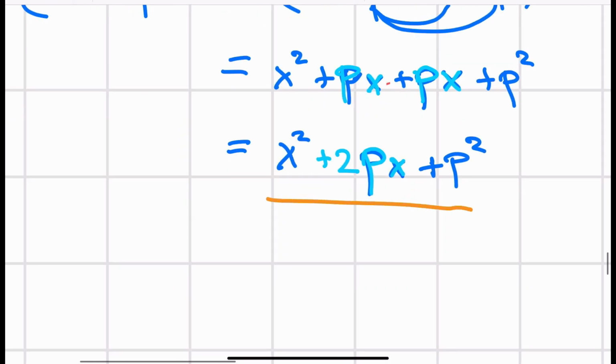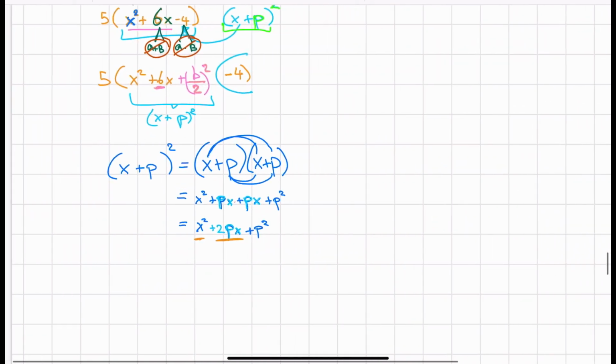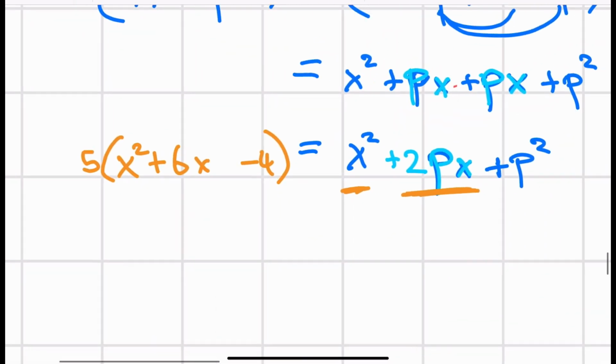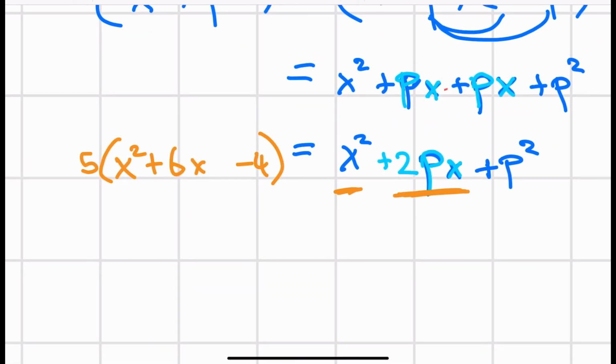What we have here is our first term and our second term inside the brackets. So if I look back here, I have my first and my second term inside the brackets, right? This looks quite similar, except for the fact that minus 4 is not p squared.